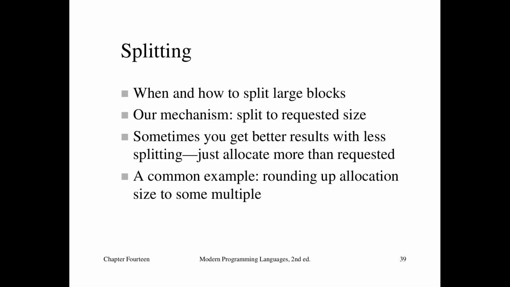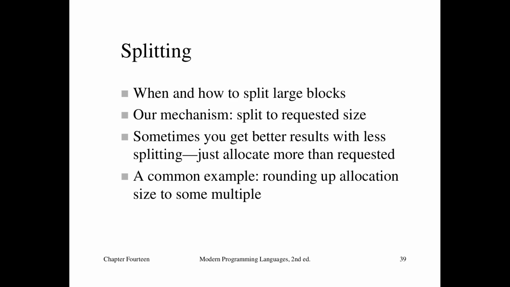You could have specific block sizes, some multiple of a minimum size. Maybe the minimum size is 2. If someone requests a 3, you only give them a multiple of 2, so you would give them a 4.